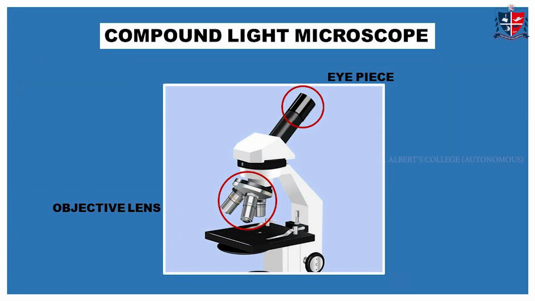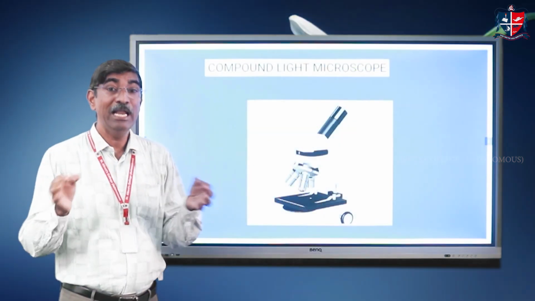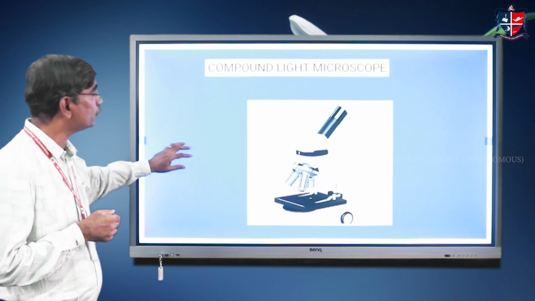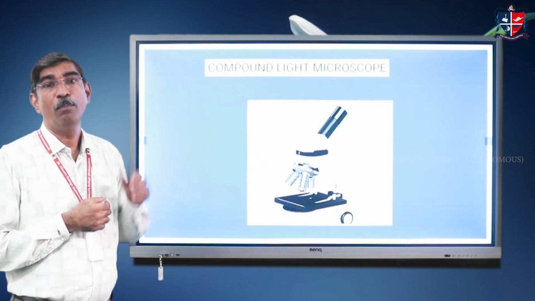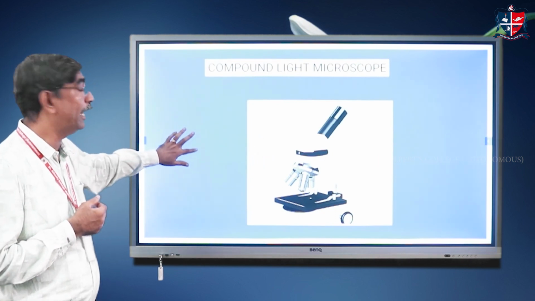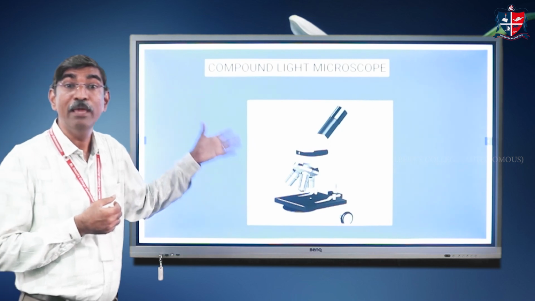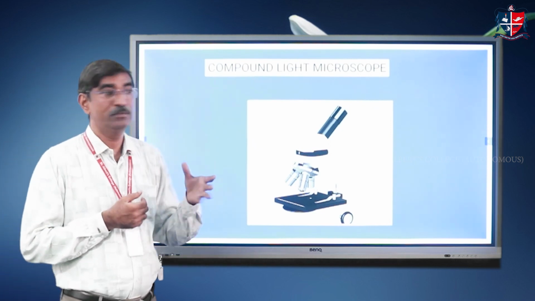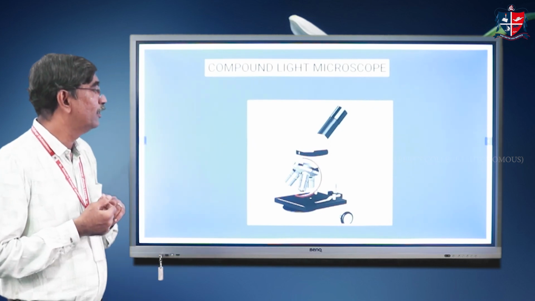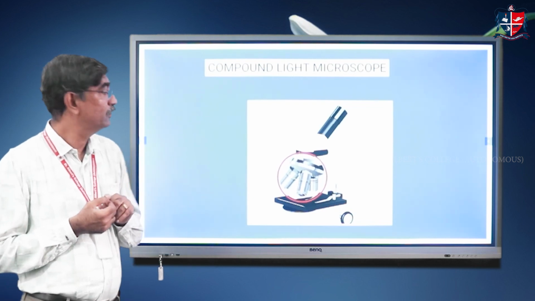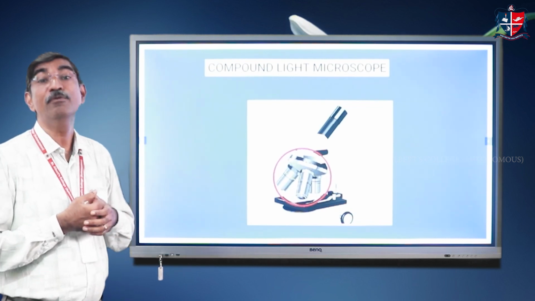And let us see the important parts of a compound light microscope. This is a compound microscope and it has two important optical parts. The first one is the objective lens.